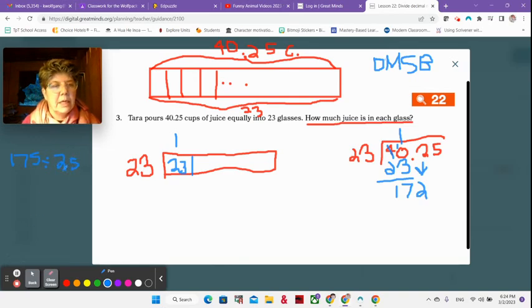So I can think about how there's 3 25s in 75, and there's 4 25s in 100, right? So that would be 7. Okay, now this is not quite 25, it's only 23, and this is not quite 175, it's 172.